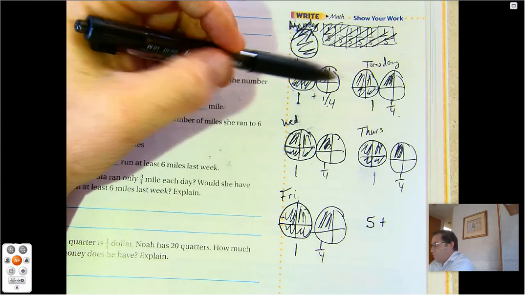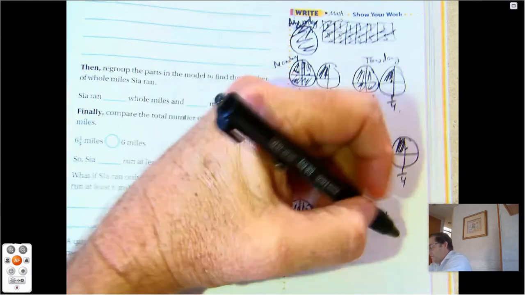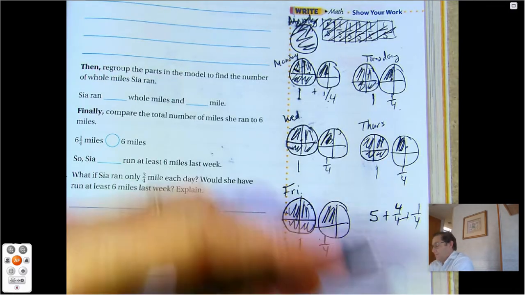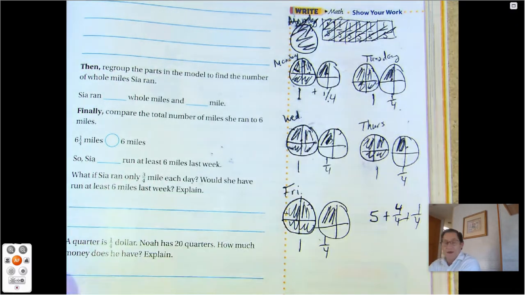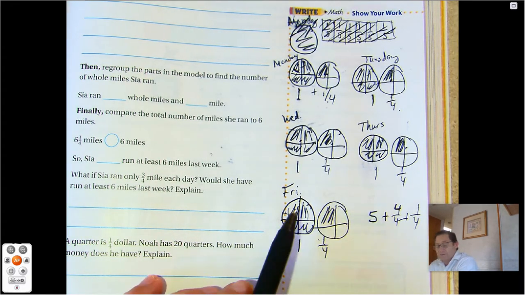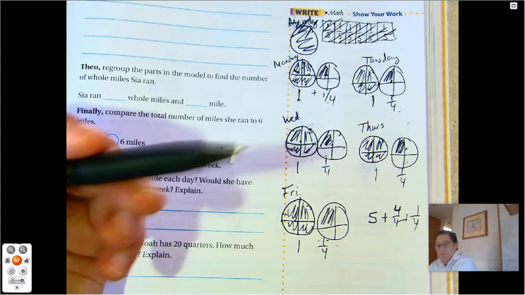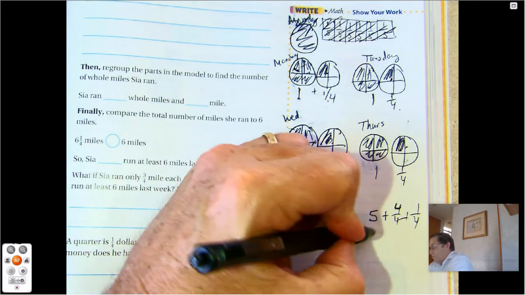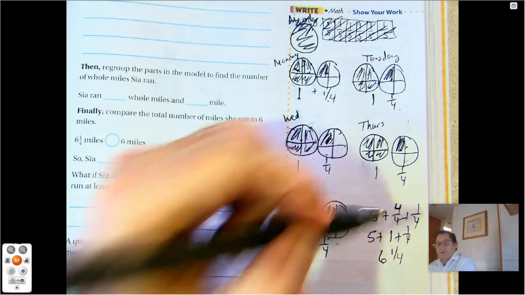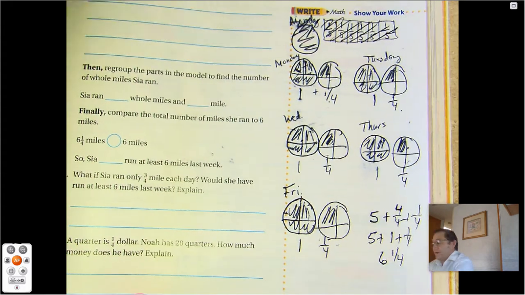And then 1/4, 2/4, 3/4, 4/4, plus an extra 1/4. All I did was count how many 1/4 I have left, because each day was 1 and 1/4. So how many fourths do I have each day? 1, 2, 3, 4, 5 fourths. 4/4 is equal to 1. So she ran 6 and 1/4 miles. So did she run at least 6 miles last week? Yes.